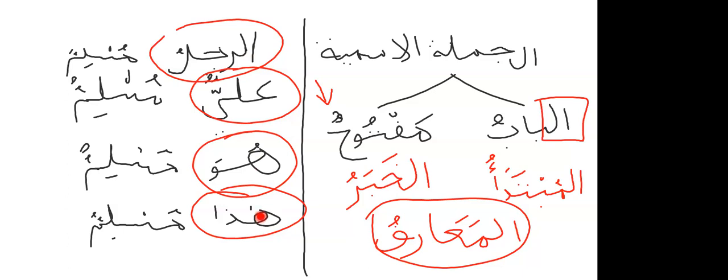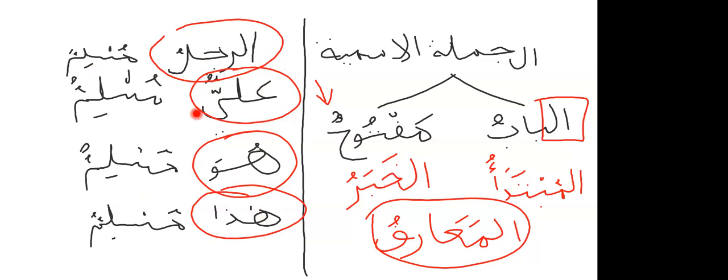Subsequently, we'll be adding other ones. So here, الرجل مسلم, this is mubtada and khabar, the subject and the predicate. علي مسلم, subject, predicate. هو مسلم, subject, predicate. هذا مسلم, subject, predicate. All of this makes total sense.